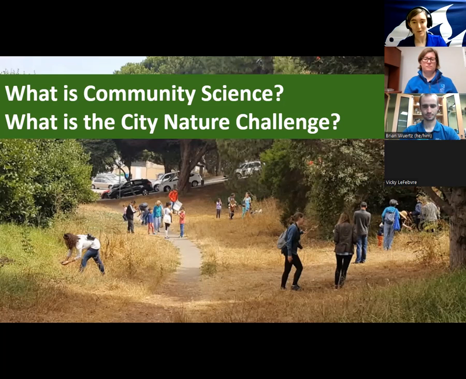So the idea of community science or citizen science is that it's either a scientific or research project, some kind of scientific question that professional scientists are trying to answer with help from the public in collecting information and data, or that it is some kind of scientific project where community members who are not professional scientists, but just are interested in learning more about a certain topic, have come up with a research question and are driving the project themselves or ourselves by working together to collect information from our environment.